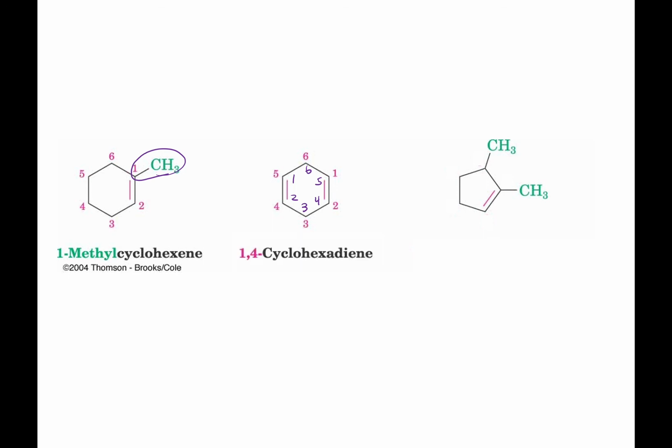Then we also have this one over here, which is a cyclopentene. We're going to have 1, 2, 3, 4, 5. 1, 2, 3, 4, 5 are our two options for numbering. By doing it this way, the red numbering, you end up with a smaller value for the methyl group here at number 1, but a larger methyl group number here.